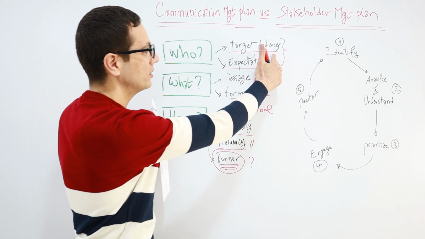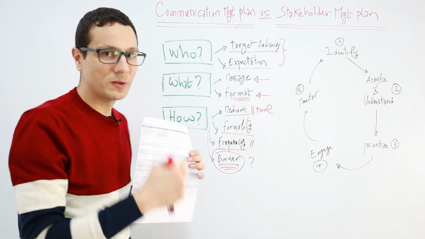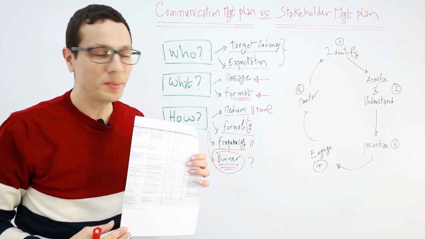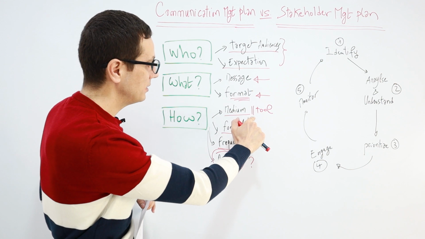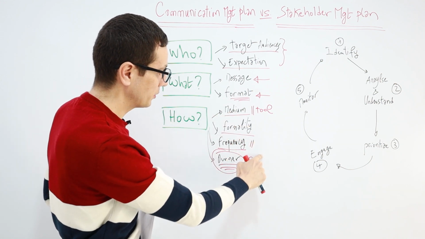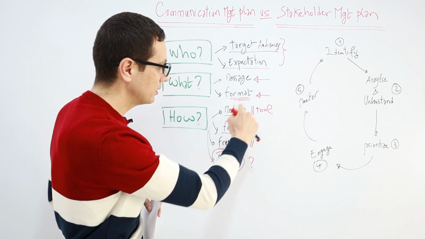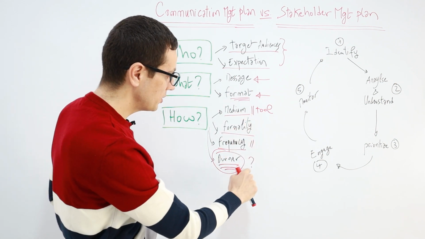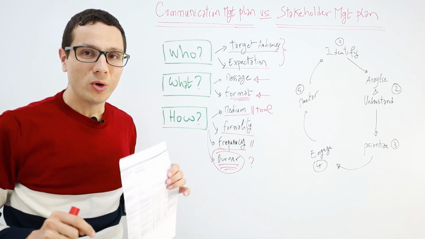So the target audience is key stakeholders, and the message was the project status report, and he was sending it every week, the frequency, in a formal way, using email, and the project manager is the owner of this action.